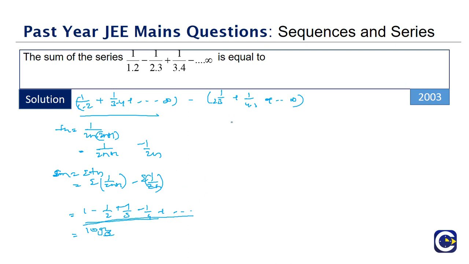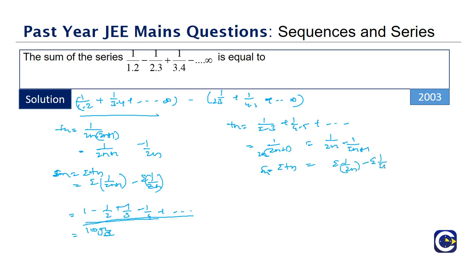And then if you write the Tn for the second series, 1 by 2 into 3 plus 1 by 4 into 5 plus and so on, which is 1 by 2n into 2n plus 1, which is 1 by 2n minus 1 by 2n plus 1. What you'll get is Sn equal to sigma Tn, sigma 1 by 2n minus sigma 1 by 2n plus 1.